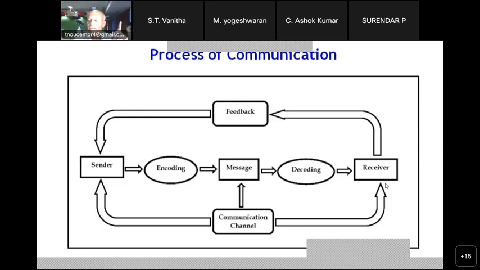And that means the message is not sent in the same way that you are sending it to the communication channel, because the communication channel is translating it into some other form, and through the channel it is reaching the receiver, and on the way it is decoded also.